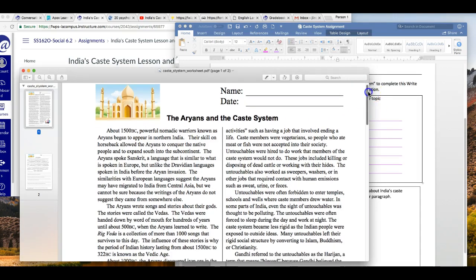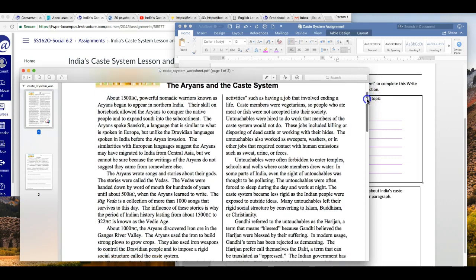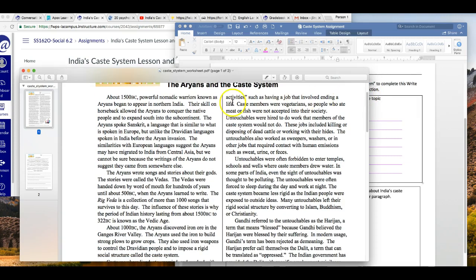So back to this. List keywords about the topic. Keywords may be Aryans, because these are the first peoples that went to or were part of India's history.